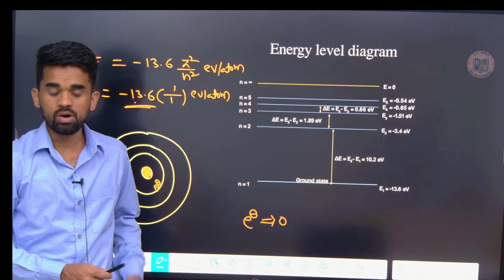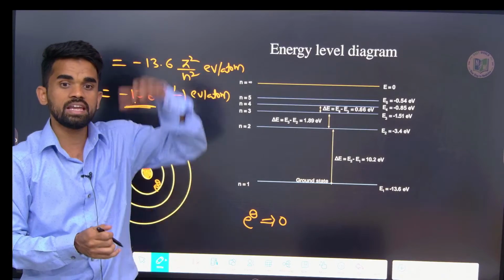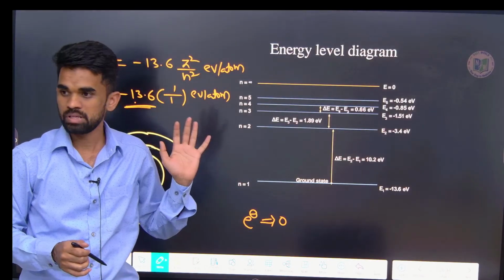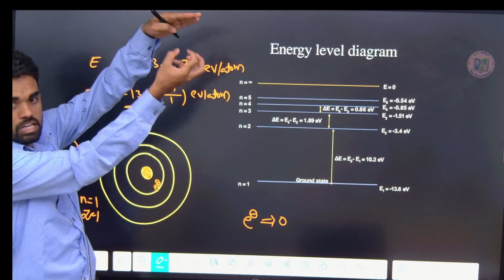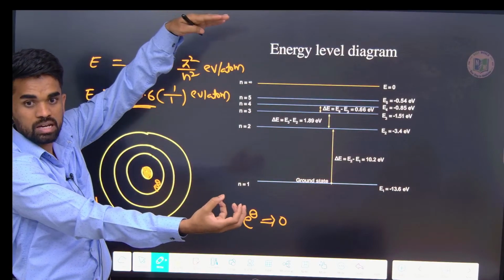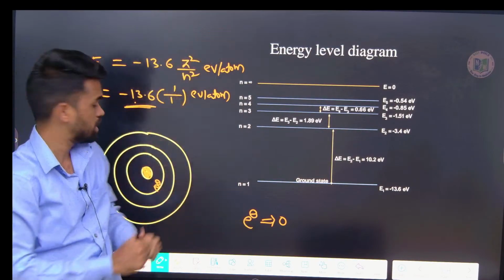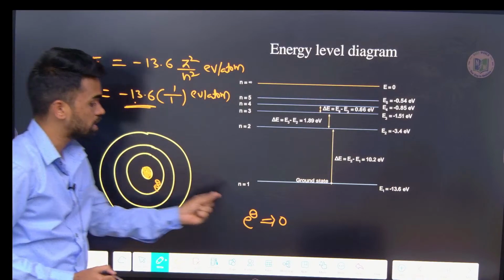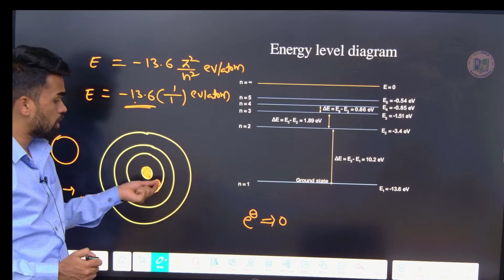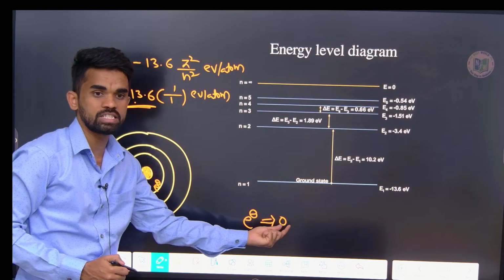Now we know higher the energy, lower is the stability. It means lower the energy of that species, greater is the stability of that species. So if an electron is present independently, let us say its energy is the 0 state.